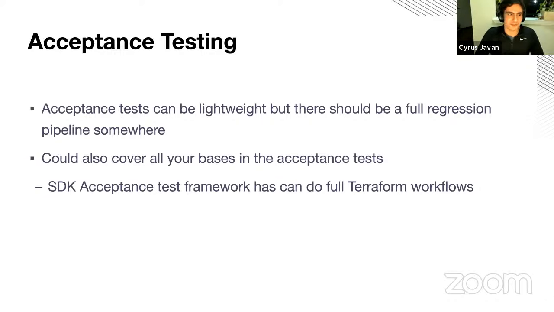At Aviatrix, we have a QA organization and team, so we leave all those full regression tests to the QA teams. So we keep ours very lightweight, but the acceptance test framework is definitely useful. Even if you're just doing lightweight sanity tests, it can be really great.